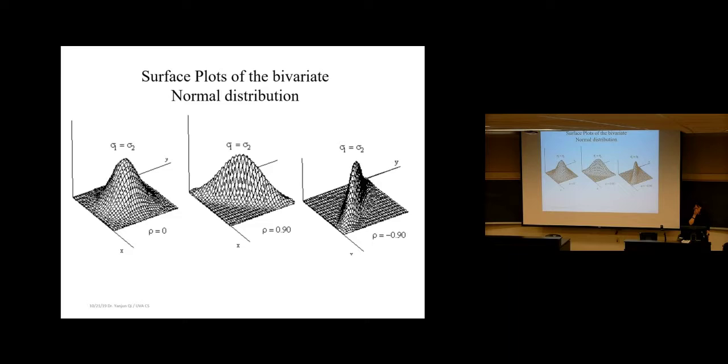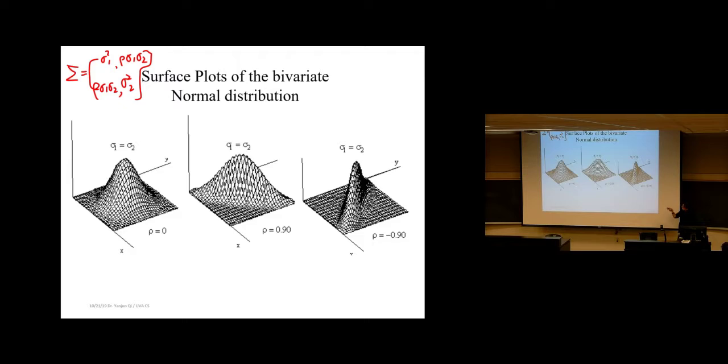Okay, so let's first see what happens if sigma 1, sigma 2 and rho differ a little bit, what does the surface map look like? So rho equal to 0, which means correlation equal to 0, right? So the sigma matrix is sigma 1 squared, sigma 2 squared, and rho times sigma 1 sigma 2 off the diagonal. Rho means correlation.